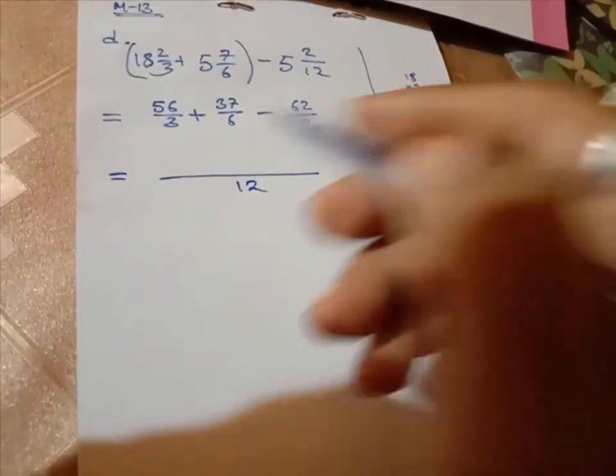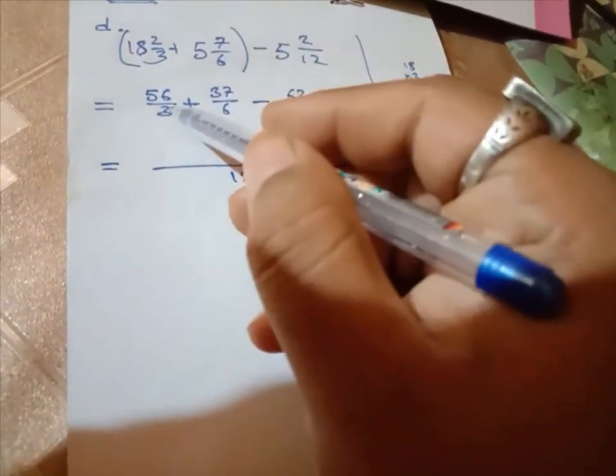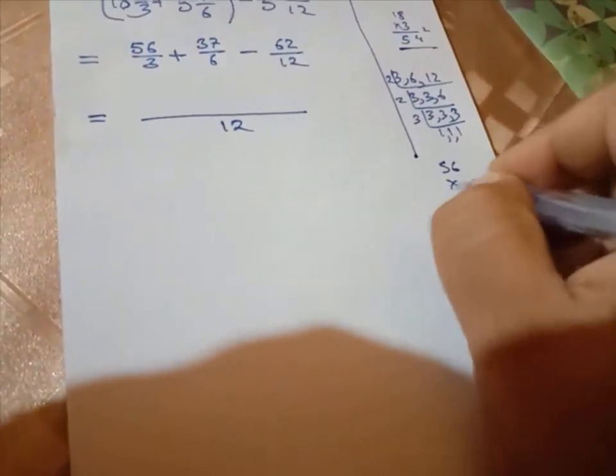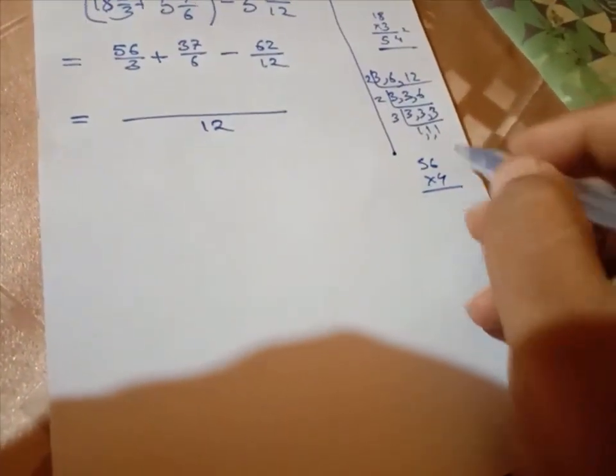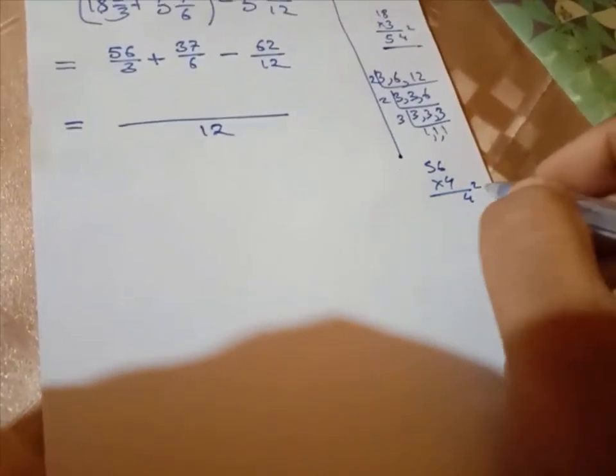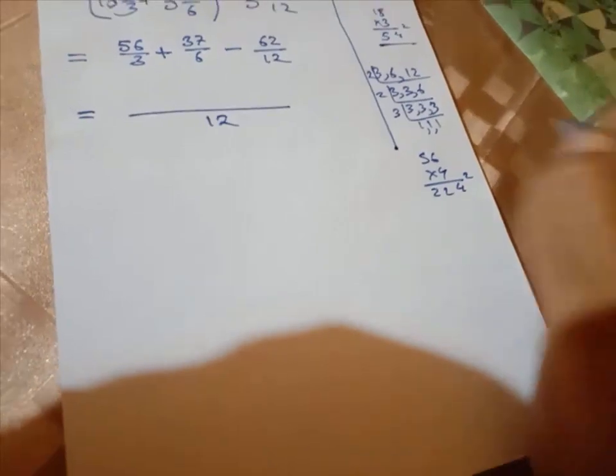So we will draw a line like this and write 12 in the denominator. Divide this 12 by 3, so 4 remains. 4 into 56 gives you 6 4s are 24, 4 2 remains, 4 5s are 20 plus 2, 22, so 224, plus.